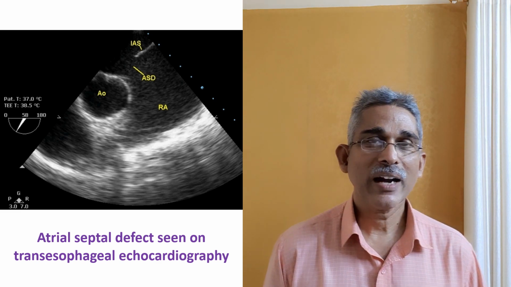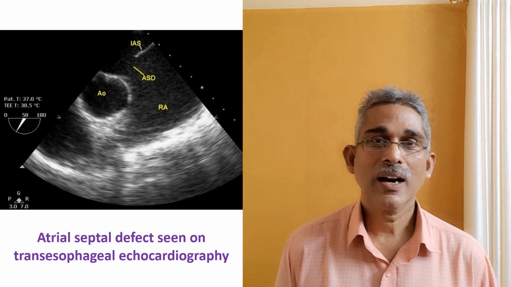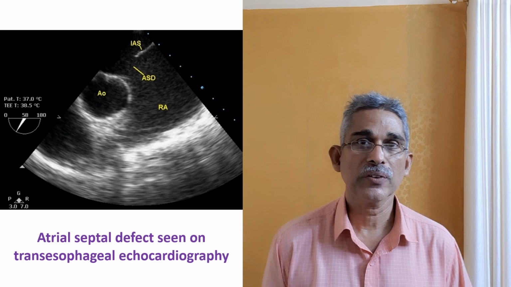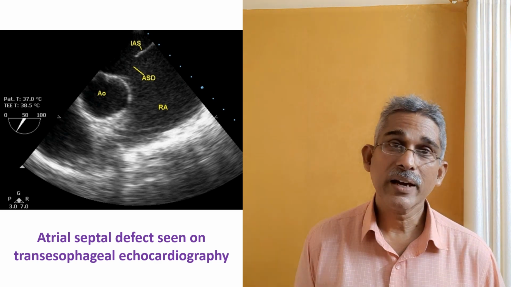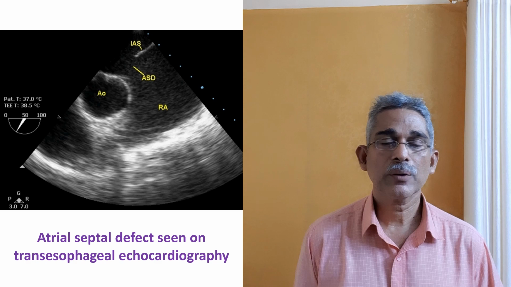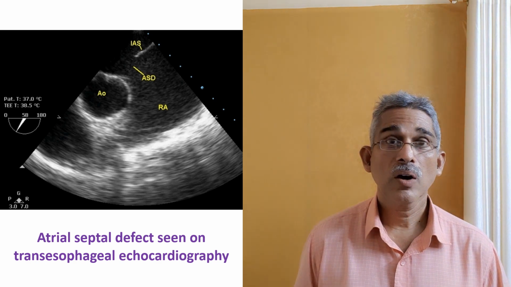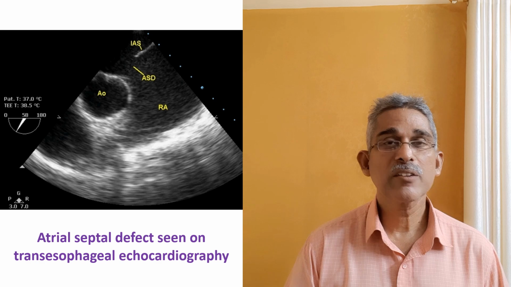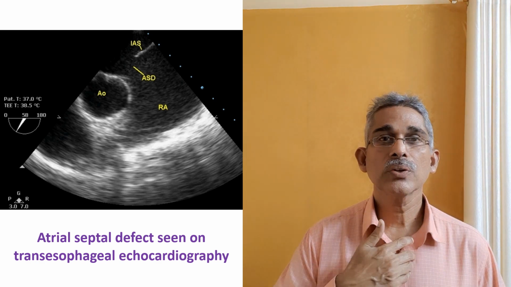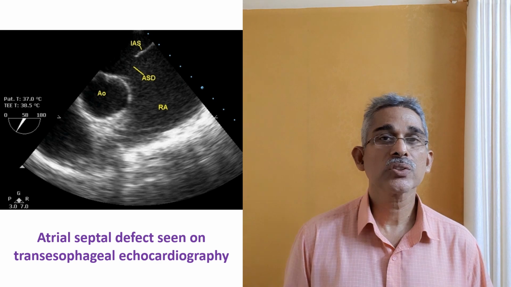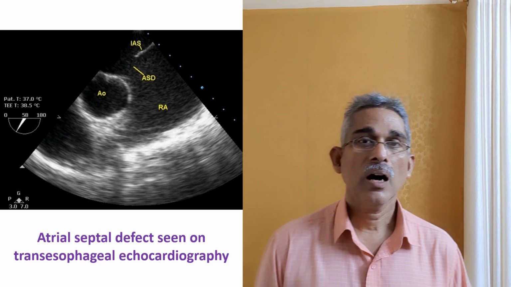Another advantage is that as the heart is nearer to the probe in transesophageal echocardiography, you can use higher frequency transducers. You know that higher frequency transducers have higher resolution, but penetration will be lower. Suppose you use one on the chest, it will not reach up to the posterior part of the heart.